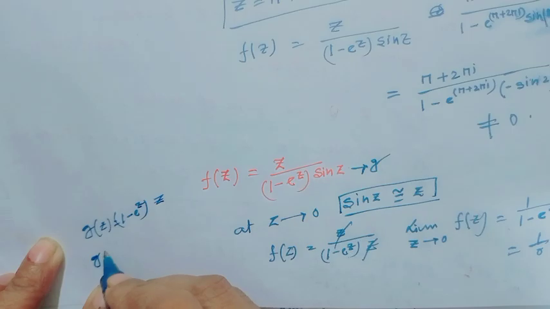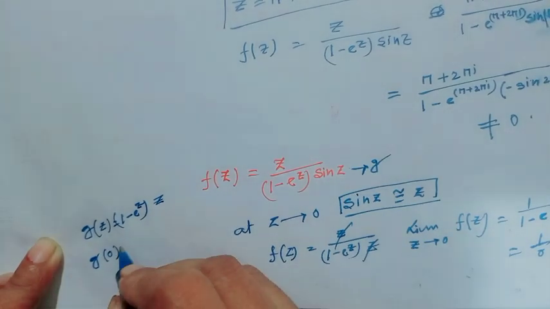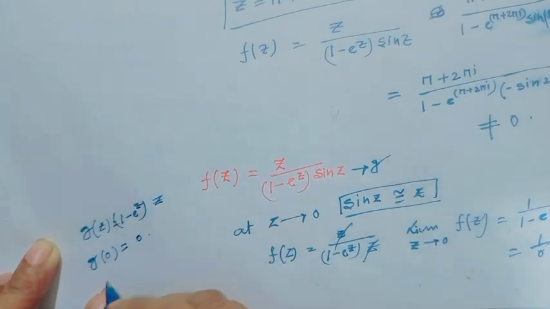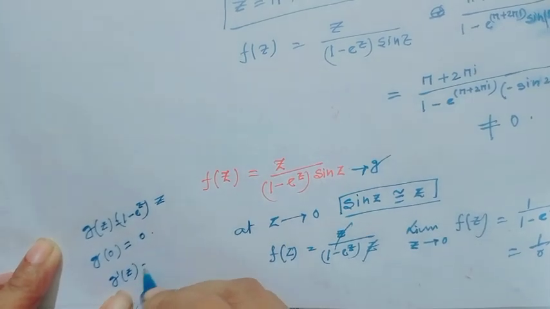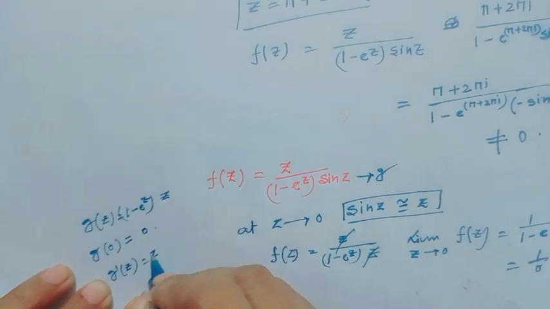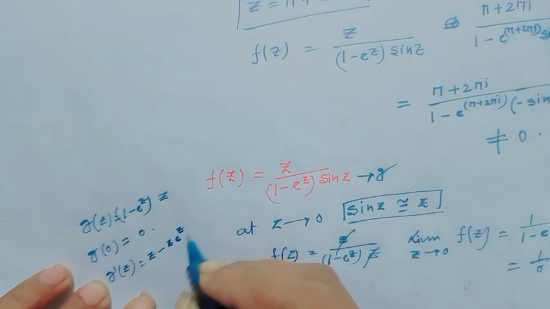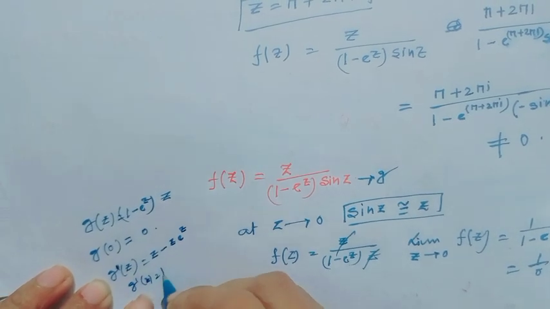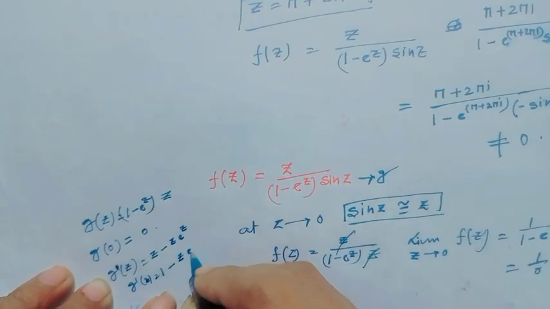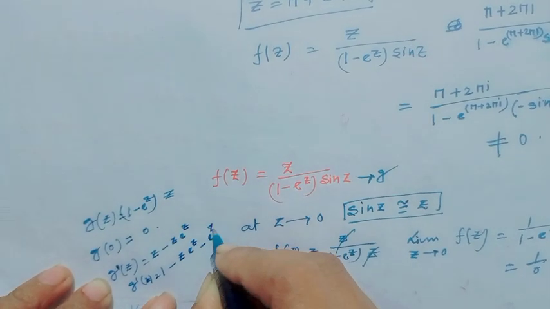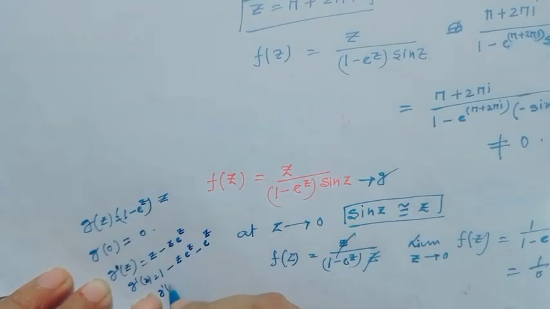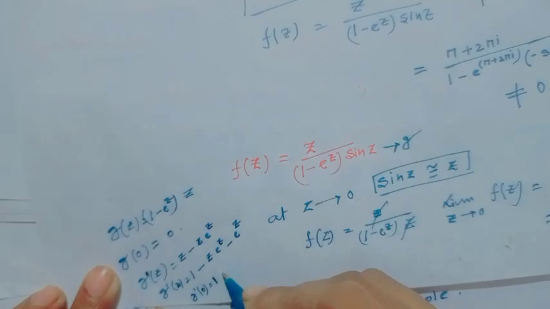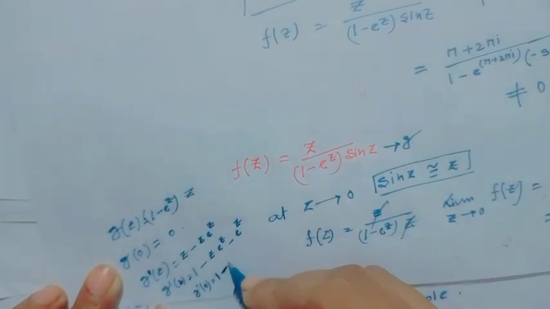Then g(0) equal to 0, and g prime z equal to 1 minus z e to the power z minus e to the power z, and g prime 0 equal to 1.